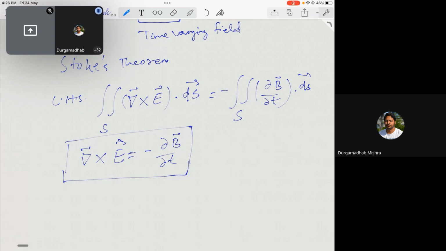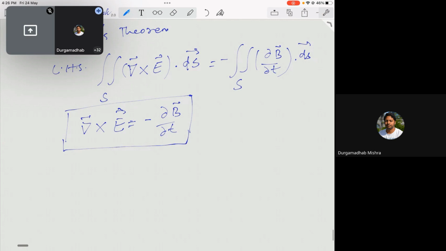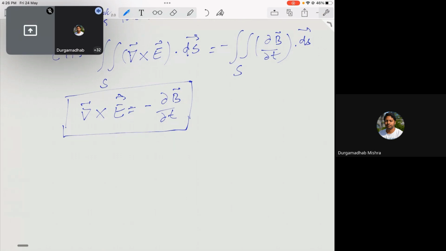Okay, so now we will look at the fourth equation about the magnetic field that we looked at. We said in case of a magnetostatic field, curl of B will be simply equal to mu naught J. Okay, so what is J here?